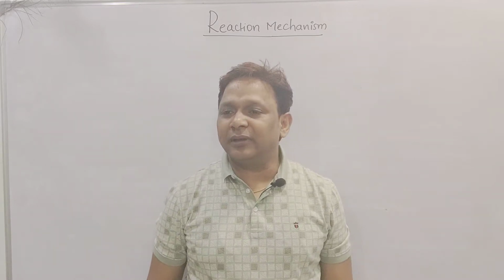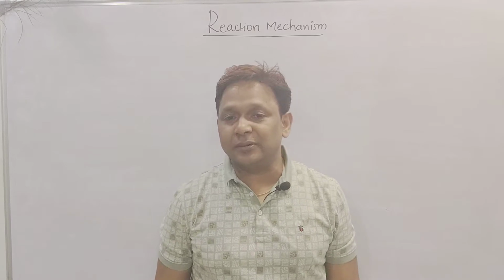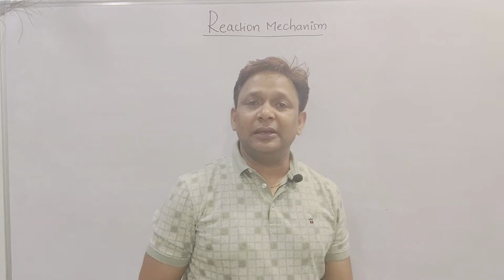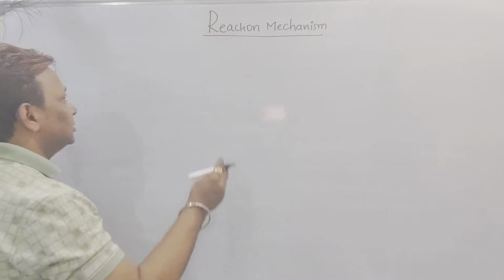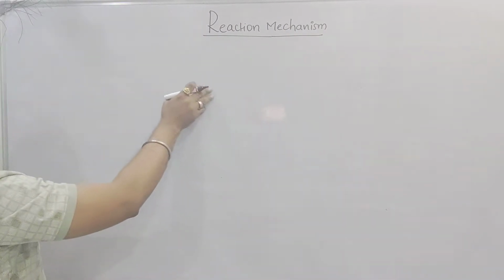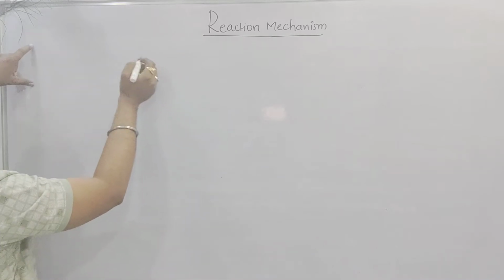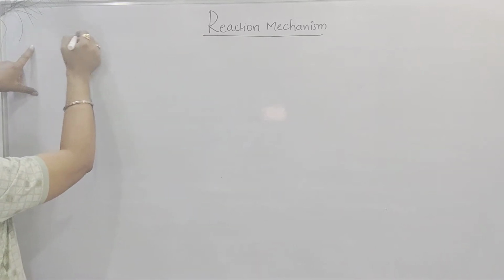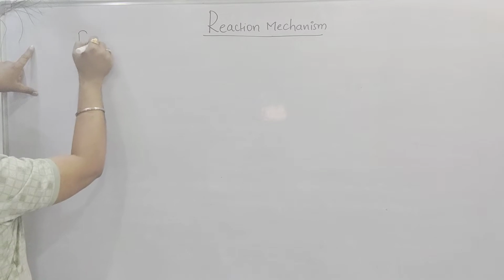So this was one part of the free radical reactions. The next one is another free radical substitution reaction, which is allylic substitution.